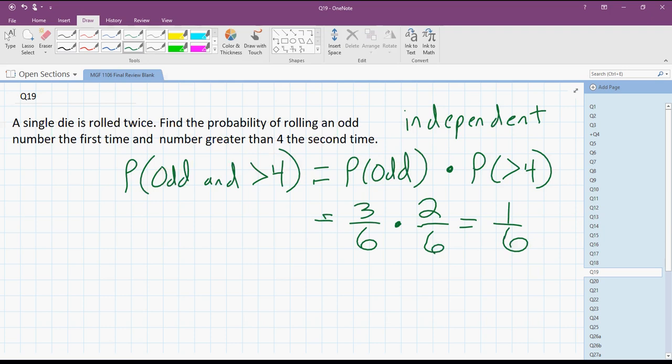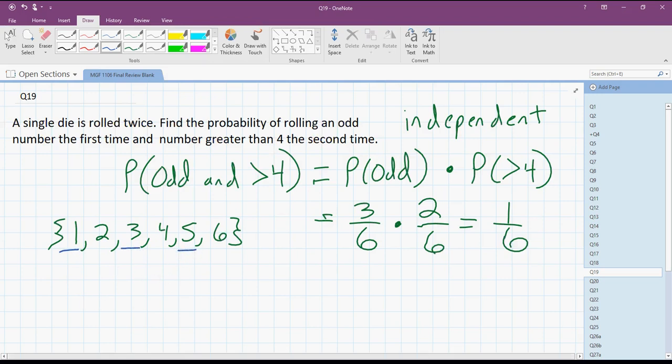John? The 3 and the 2. All right, so remember that these are the outcomes. 1, 2, 3, 4, 5, 6. So the first one says, how many of them are odd? So, no, there's not 6 odd numbers up here. There's only 3. 1, 3, and 5.